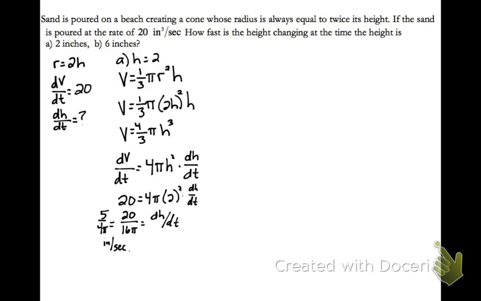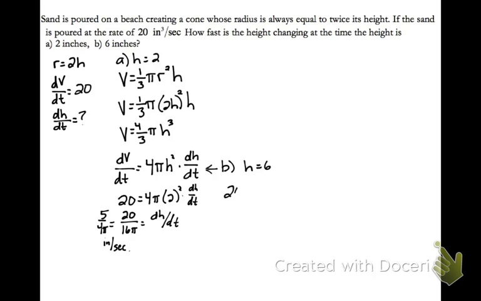Now the second example, the second question, the only thing that's different about the problem in B is that the h is 6. So we can really pick up from this part of problem A, and instead of substituting in 2, we would substitute in 6.